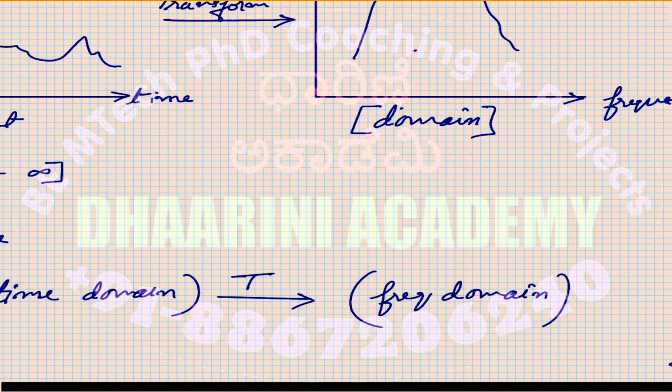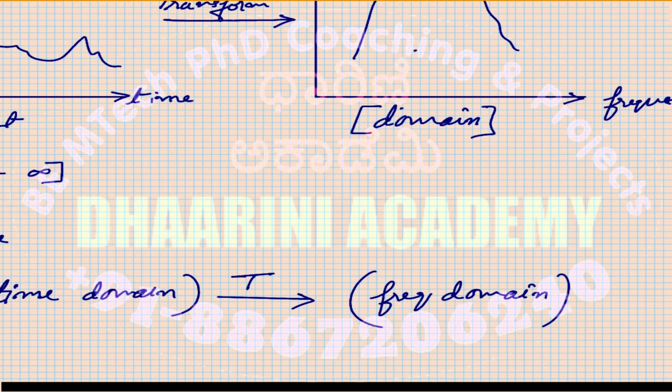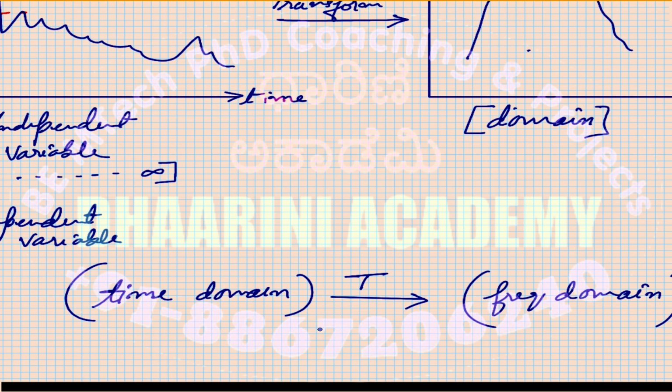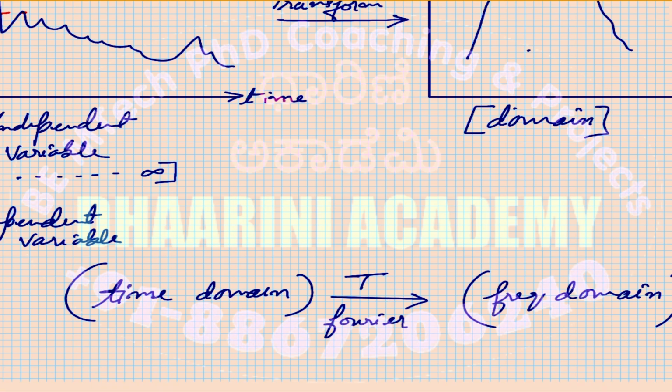The one tool which performs this kind of operation is what is called the Fourier transform. So basically Fourier is the topic we have now. What Fourier performs is just this transform. The signal is in the time domain, we take it to frequency, right? That kind of transform is what is called the Fourier transform.